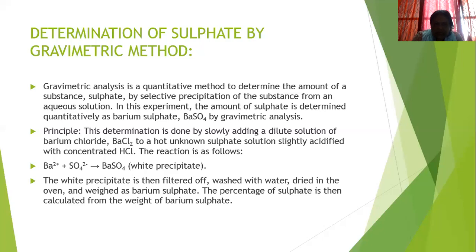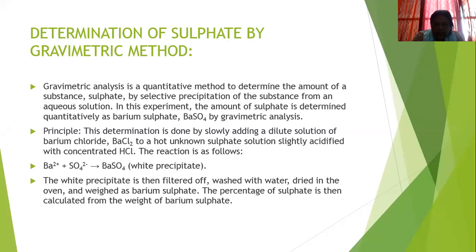Now there are several procedures to estimate sulfate in any solution. But today, as per your syllabus, we will discuss the gravimetric method for determination of sulfate. So what is gravimetric analysis? It is a quantitative method, where you can determine exactly how much quantity is present in any solution.